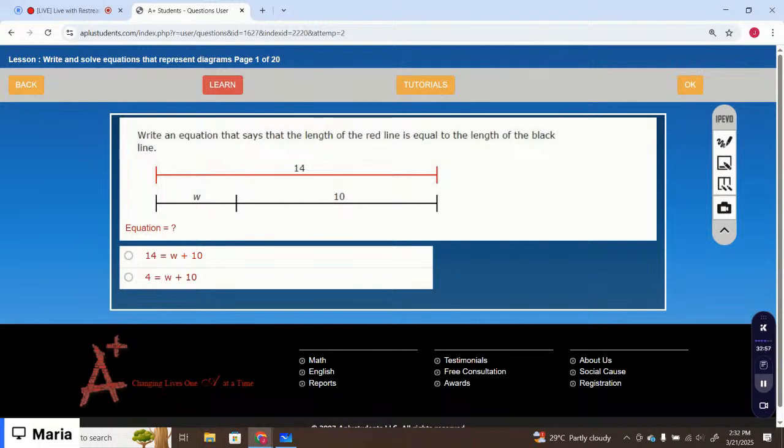That means W plus 10 equals 14. Option number one is the correct option.